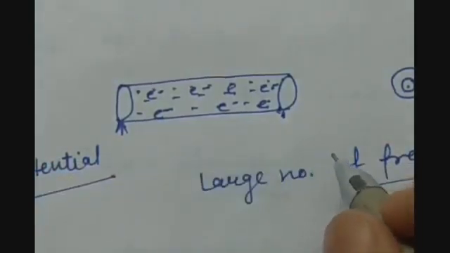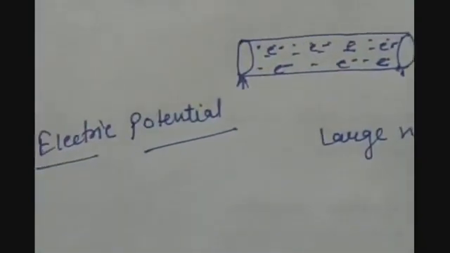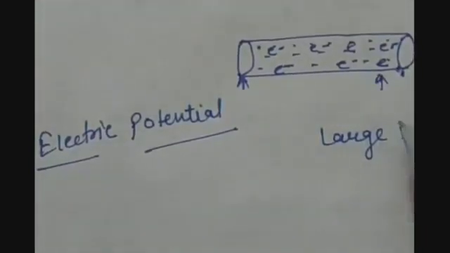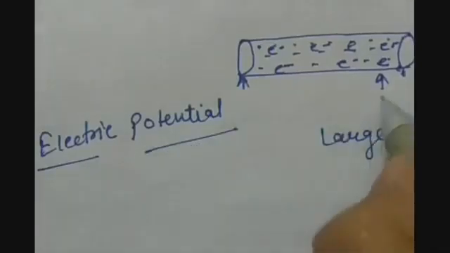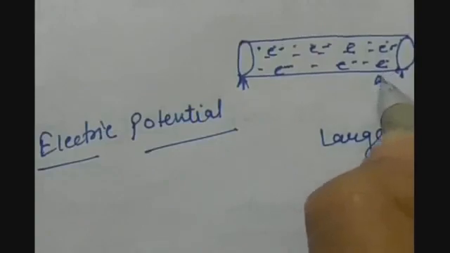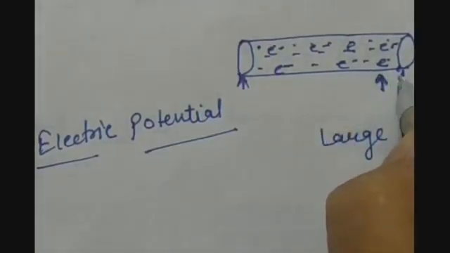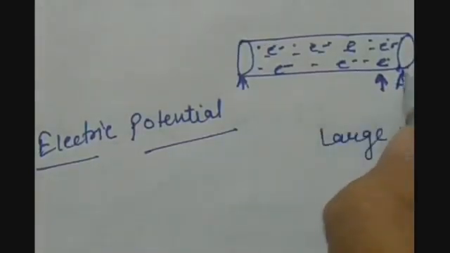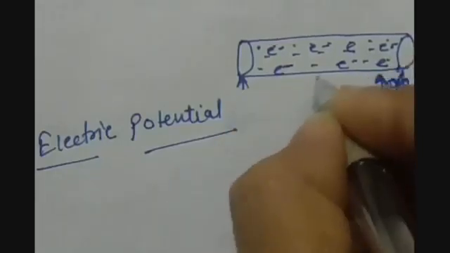Because there is a need to bring this electron, if I consider only one electron and define electric potential, then the energy required or the work done to bring one charge from infinity to a particular point.